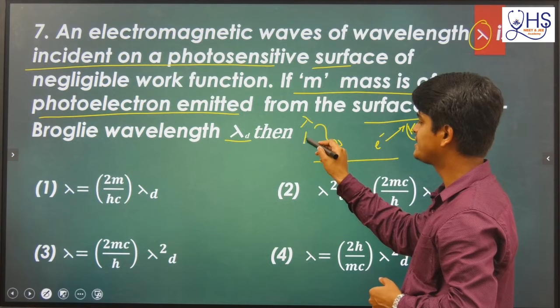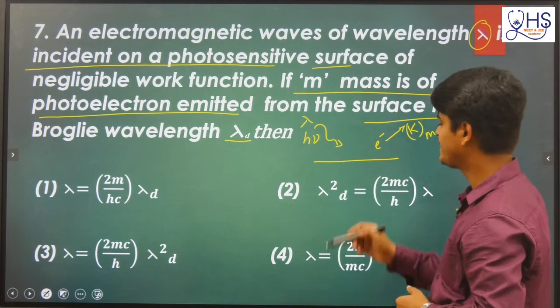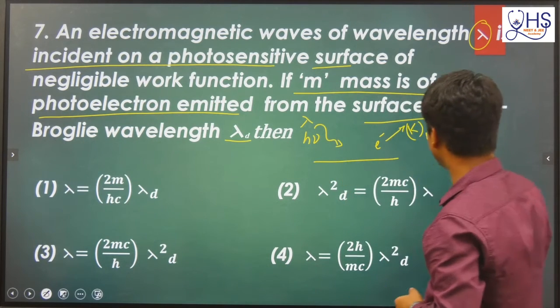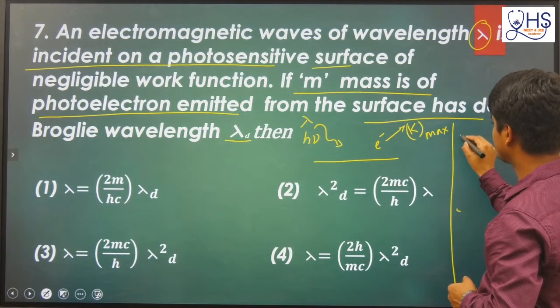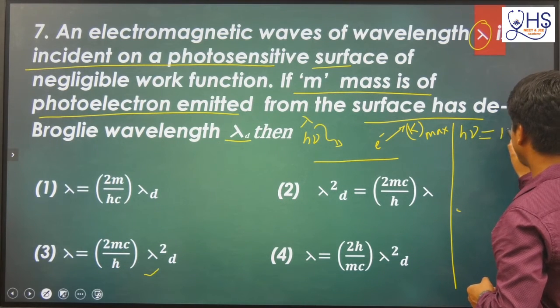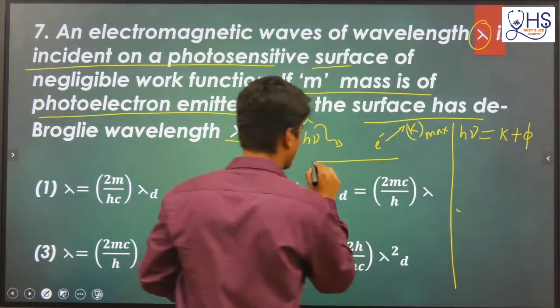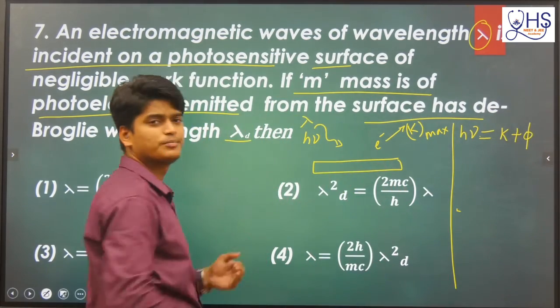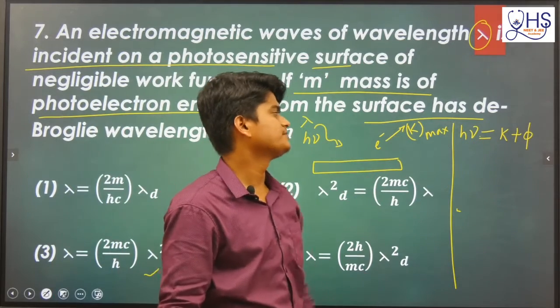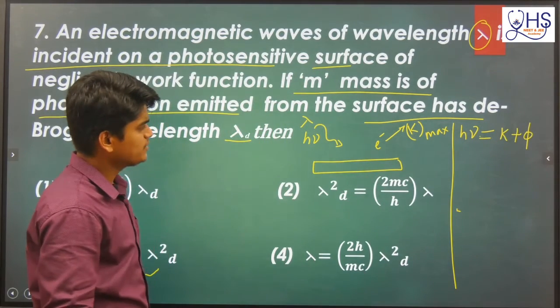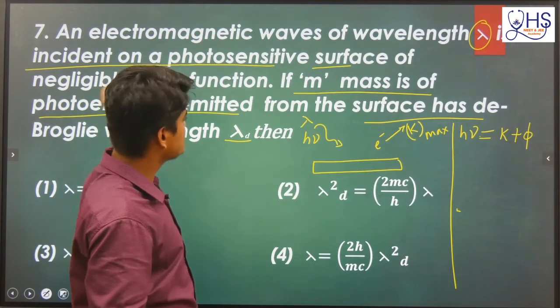Total energy you can write as h nu. So I will write here h nu is nothing but kinetic energy plus work function phi. For this metal there will be a certain work function, which I am writing as phi. Now try to understand, here they are telling work function is negligible.